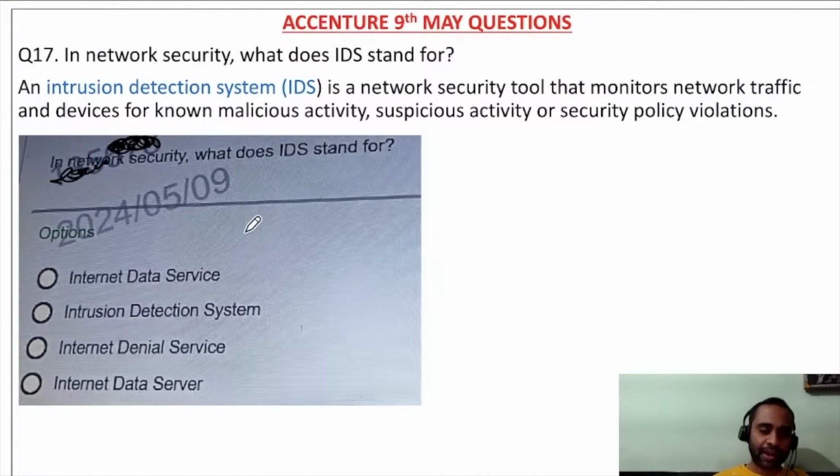Next, let's see what it is. In network security, what does IDS stand for? So friends, IDS is intrusion detection system.